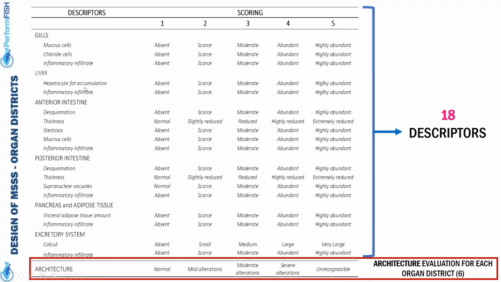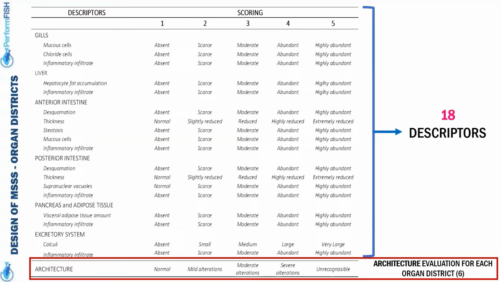The liver is assessed for hepatocyte fat accumulation and, of course, also for inflammatory infiltrate. The descriptors were selected because they are sensitive to management practice, and in addition are indicative of fish health status during the larval and juvenile stages.